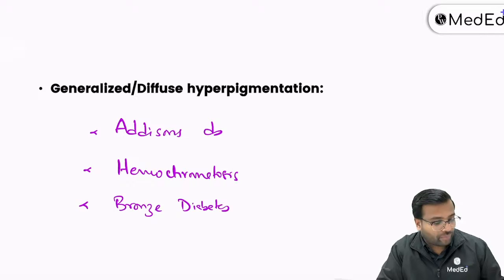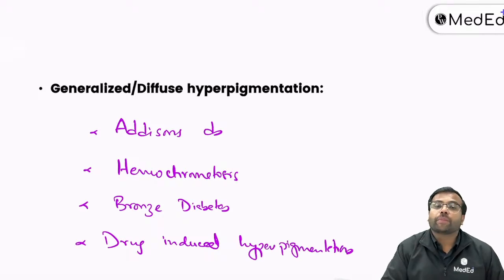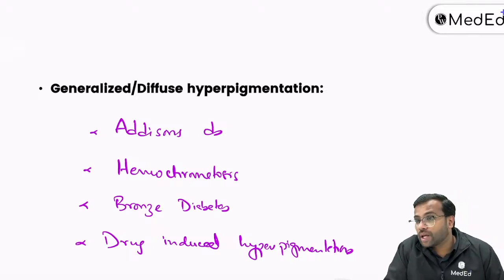There would be a generalized hyperpigmentation. And can it be drug induced? It can be, because once you take some drugs, drug induced hyperpigmentation can also happen. So that is going to be another one. And sometimes what happens when there is a paraneoplastic syndrome.